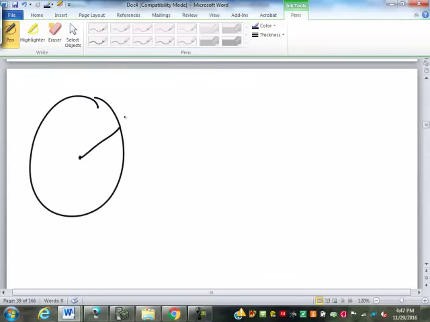So for this circle here, if this is 7 inches, find the area.